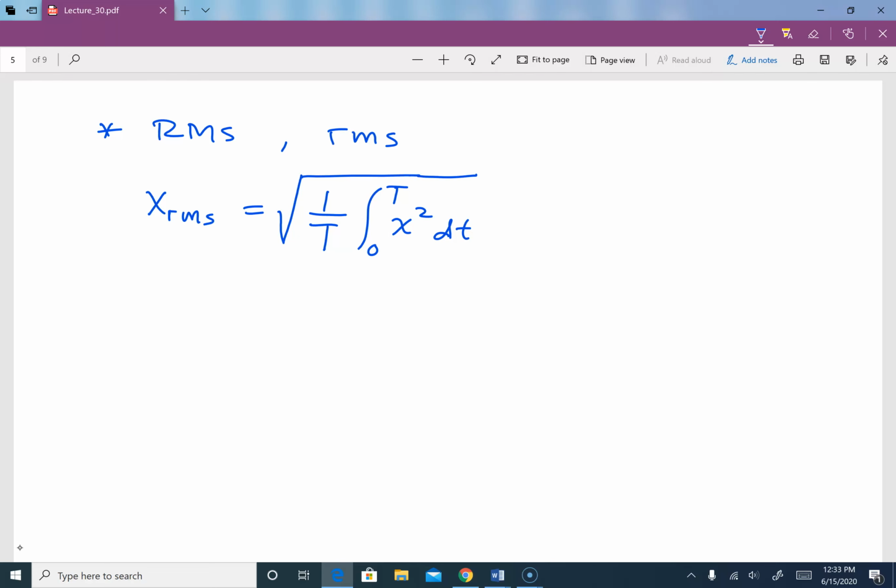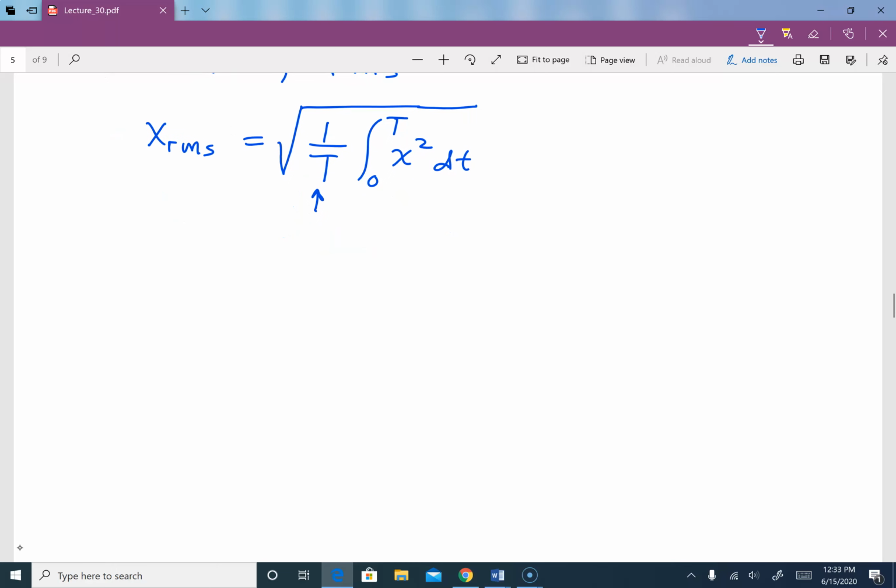And make sure that our period T can be determined where the function is going to repeat itself. So for example, if I have this function over here, this is 0, this is 1, 2, 3, and 4. If you look at this function, it's going to repeat itself over here. That means this is our period T.